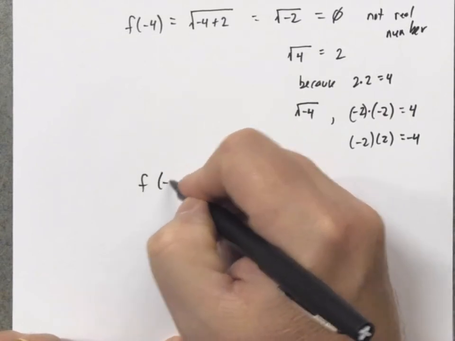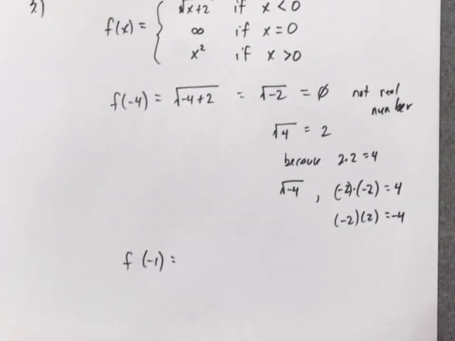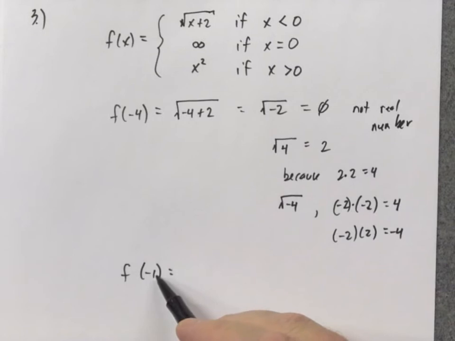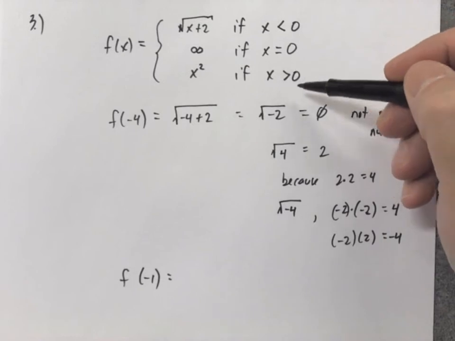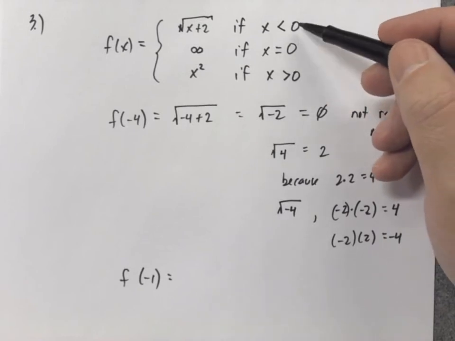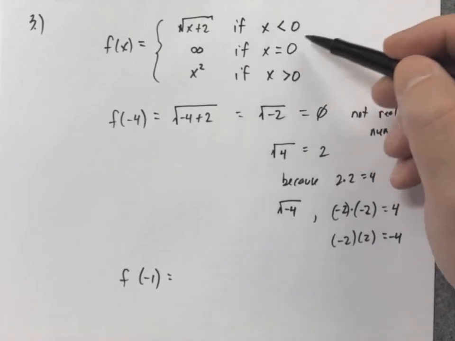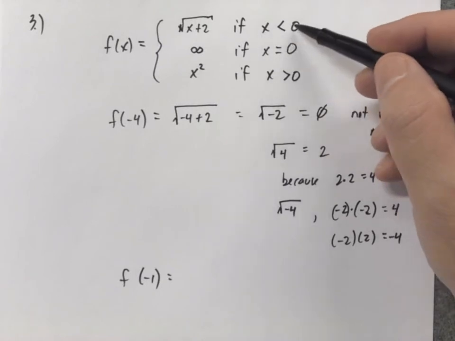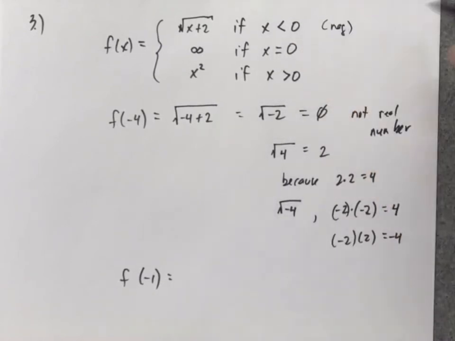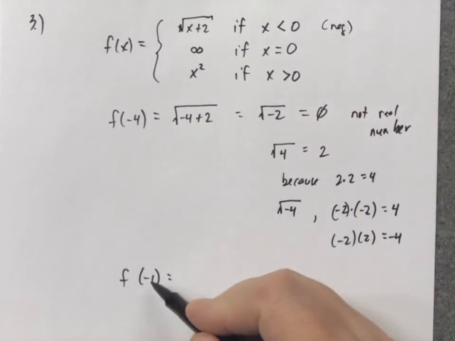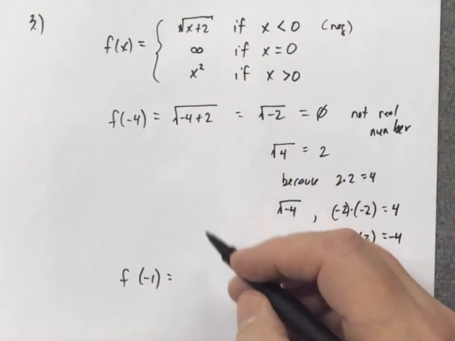f of negative 1. So once again, we've got a piecewise function. First step is to say, what is my value of x? x is negative 1. Therefore, which of these functions applies? So once again, this first function is what I'm going to use if x is less than 0, or in a sense, if x is a negative number. So once again, I use this first function.